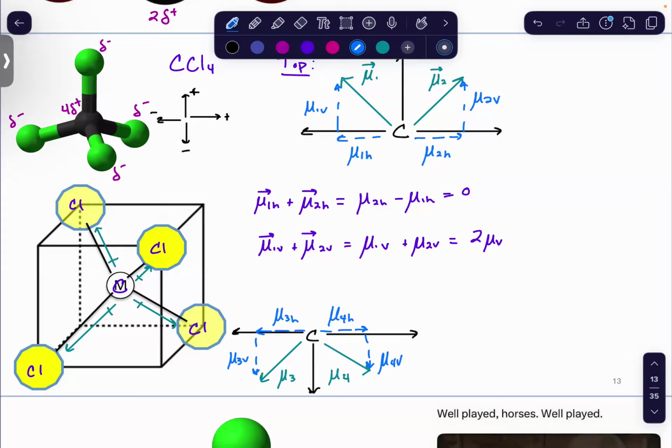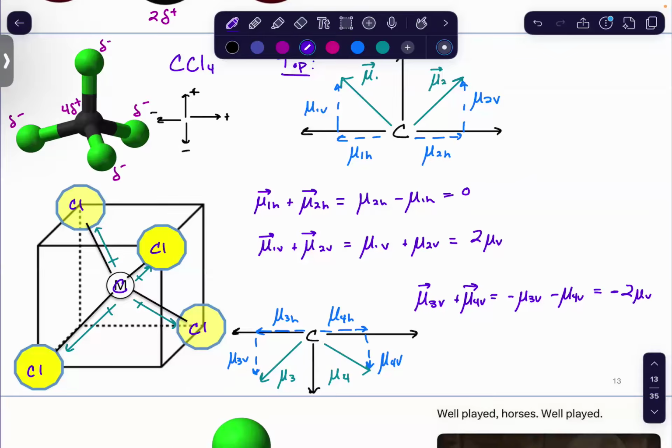And of course, again, you can see the horizontal components are equal and opposite. They're going to cancel each other out. And so then, when we get those are both negative because they're pointing down, we're going to get a -2 times our total, -2 times the vertical dipole moment.